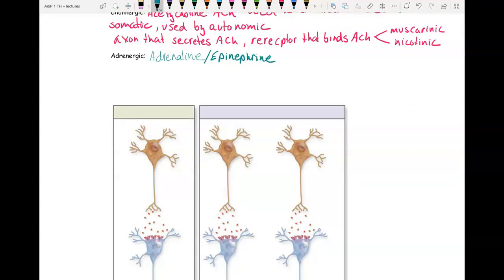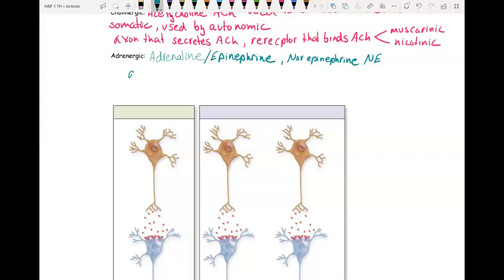And you actually secrete a very similar hormone called norepinephrine, which we're going to abbreviate NE. So throughout the rest of the notes, we're going to use NE to stand for norepinephrine, and that goes back to its other name, adrenaline. So adrenaline and epinephrine are just two different names for the same thing.